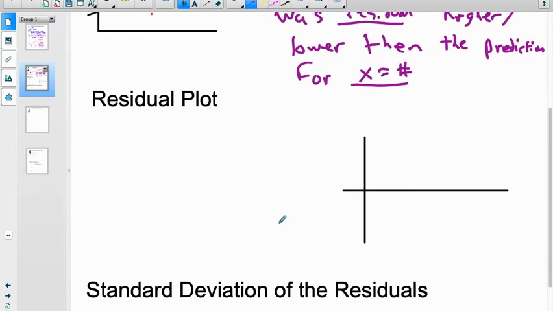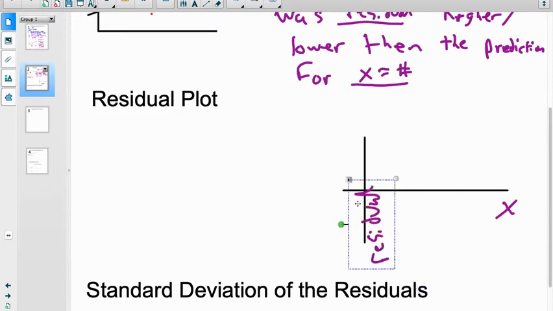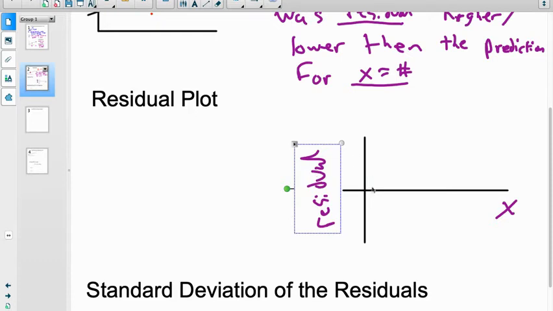With a residual plot, that's when you graph your regular x variable versus your residual. So your residuals come in to be your y's instead of your y variable.